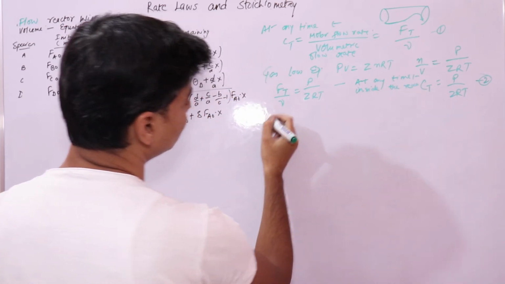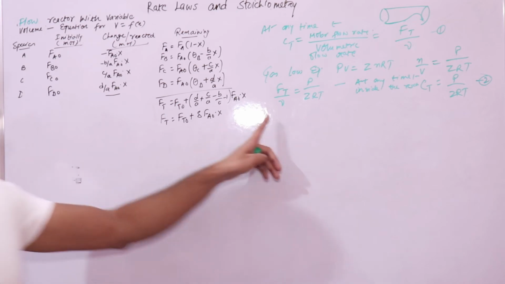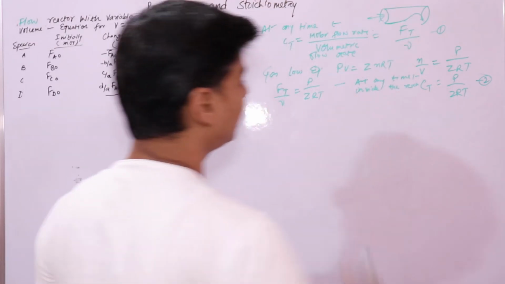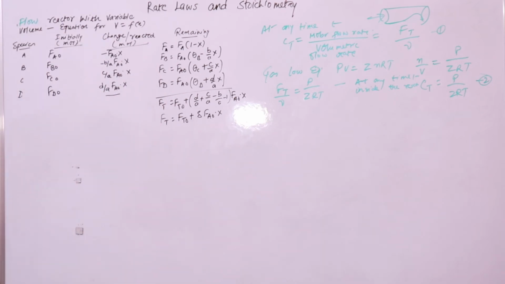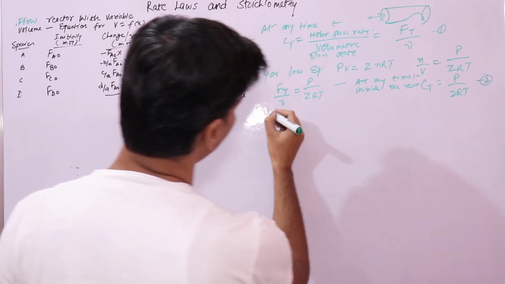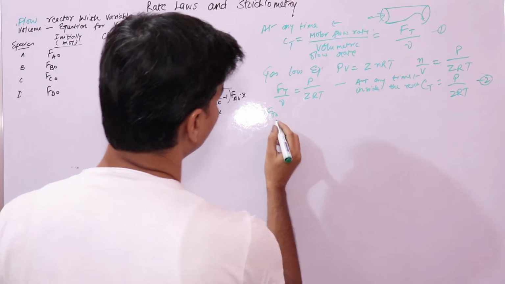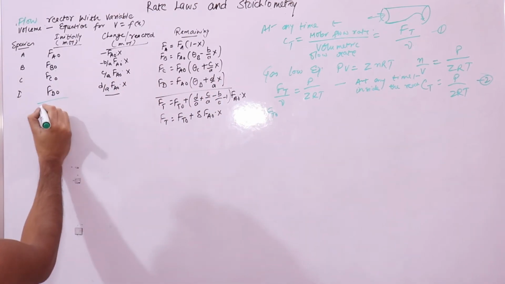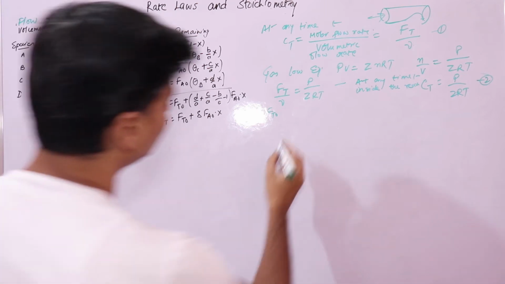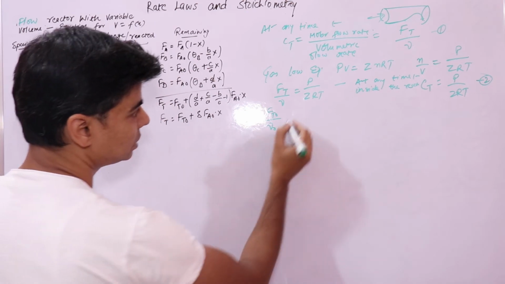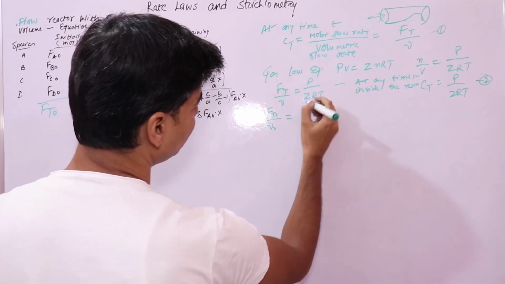Now the same equation for when the reactants are entering the reactor, at the entrance point, would be F_t0, which represents the total moles, divided by nu_0, the volumetric flow rate at the initial point, at the entry point.